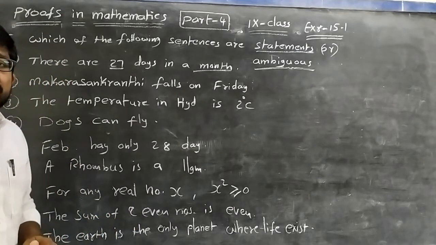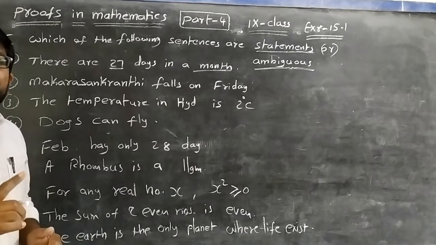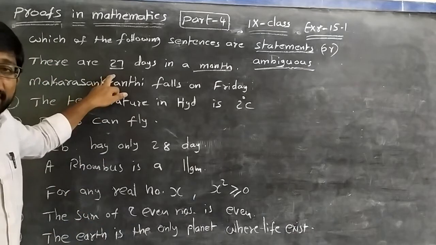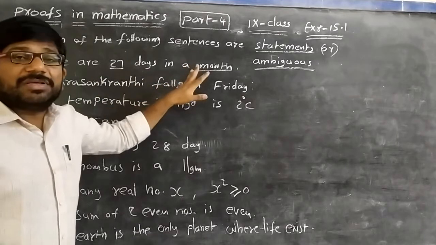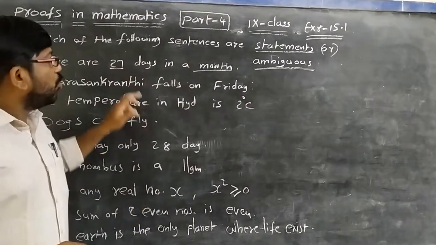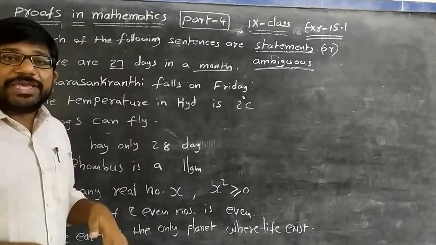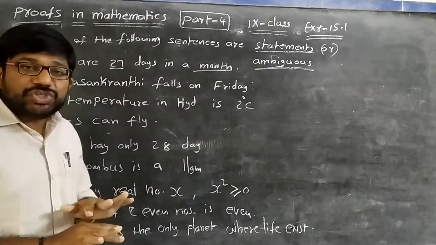So 28 is the least number of days in a month, that is February in a general year. But 27 days, there are 27 days in a month? There is no such type of month. So we can say clearly there is no such month.